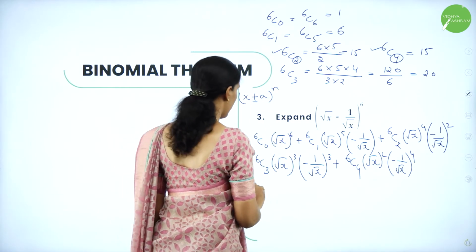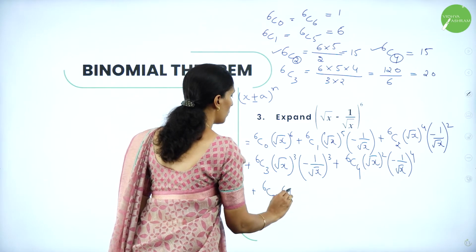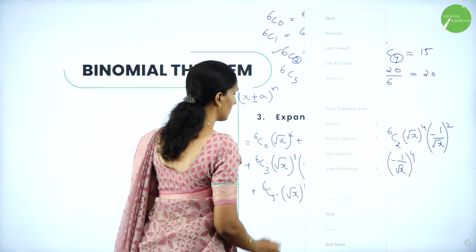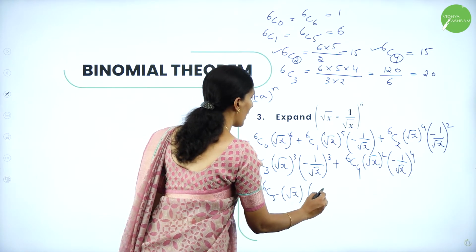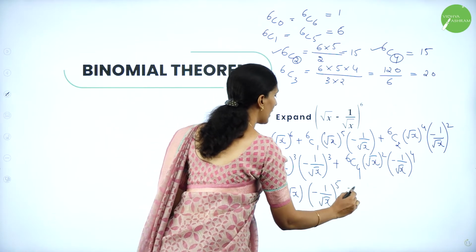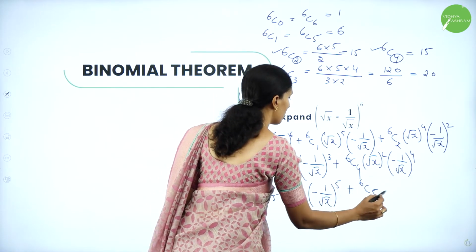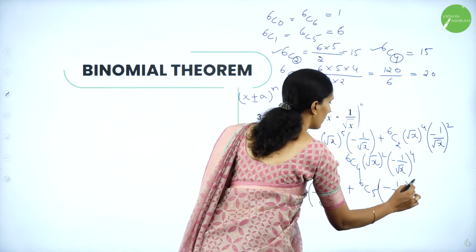Next we have 6c5 root x whole power 1 minus 1 by root x whole power 5. Finally, 6c6 minus 1 by root x whole power 6.